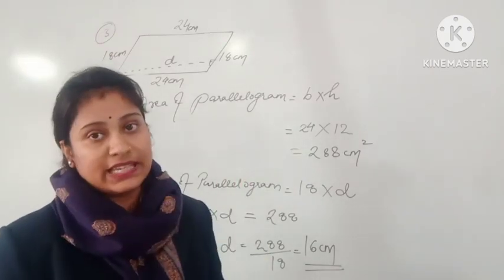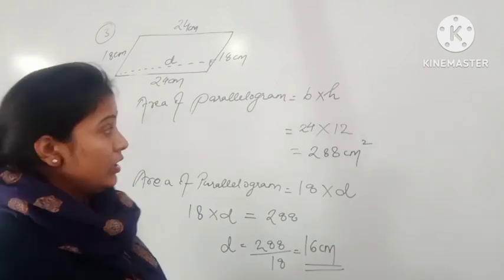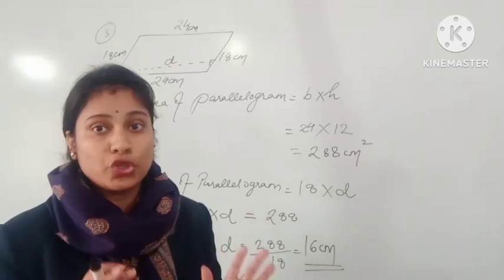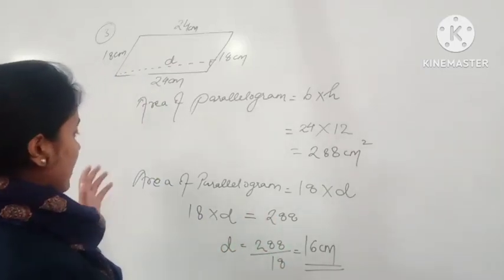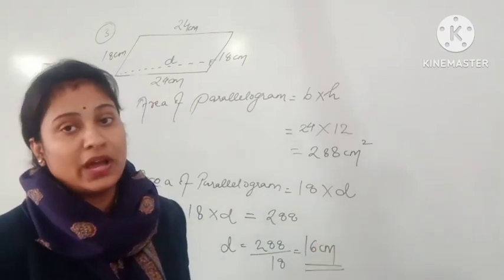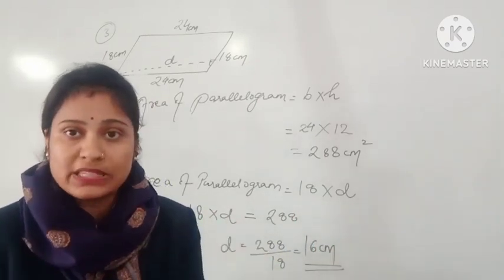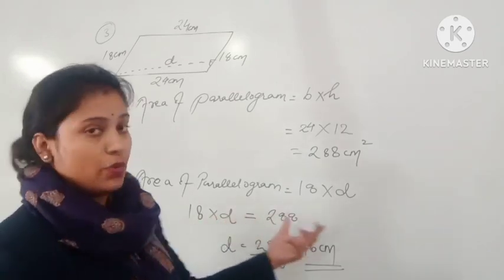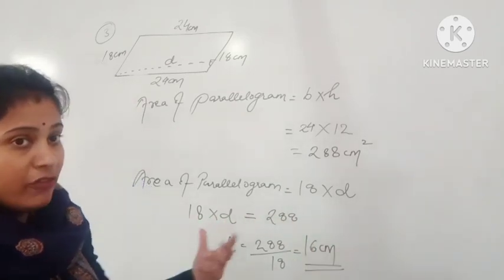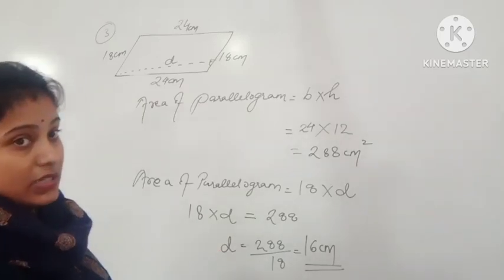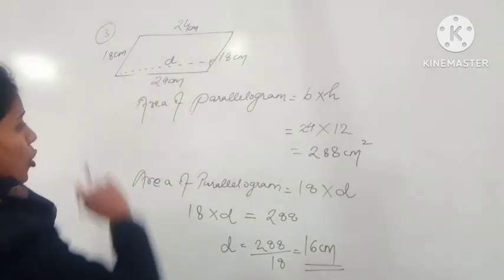Further, we took the new height as D between the two shorter sides, and we calculated the area as 18 into D, that is base into height. Since the parallelogram is the same, their area will be the same. Therefore, 18 into D is equal to 288, and from this we can easily calculate the value of D, the distance between the two shorter sides. Okay, I hope it is clear to you.